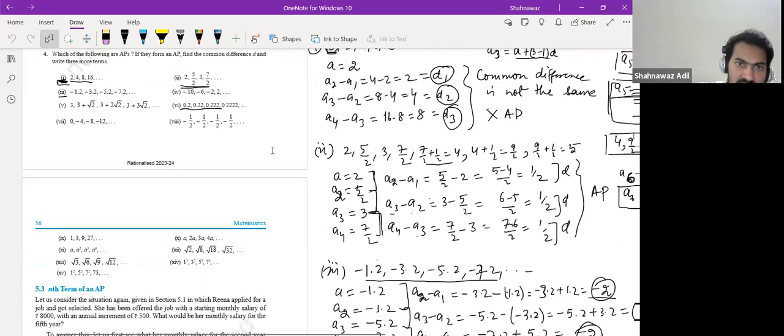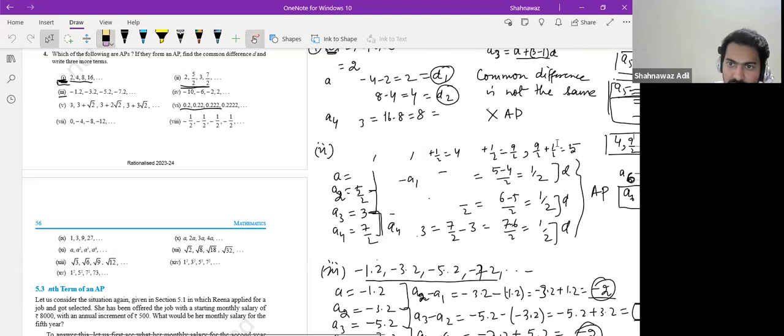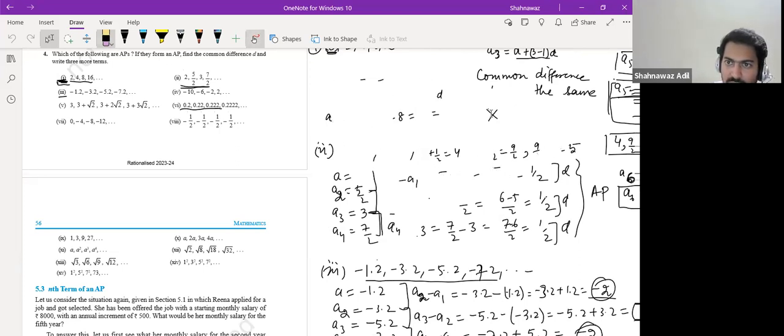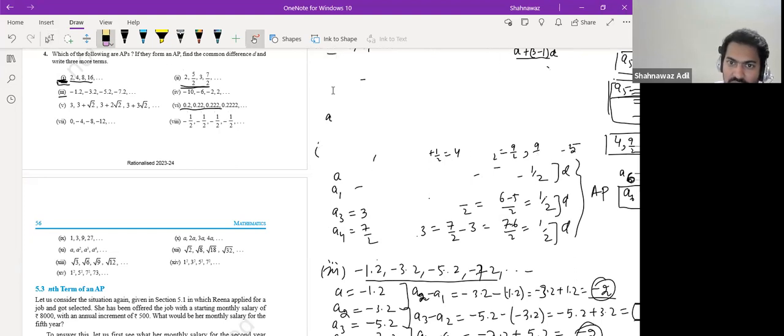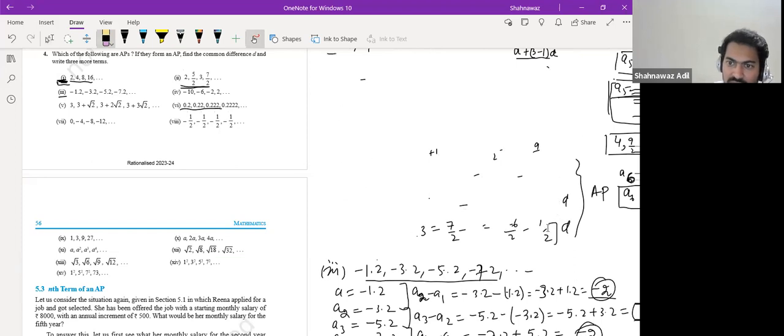Third question we did, the fourth we need to do. We have only 1 minute and we have to do this problem, so Shaima will quickly tell me the answer.